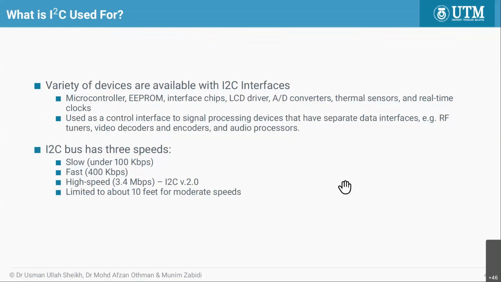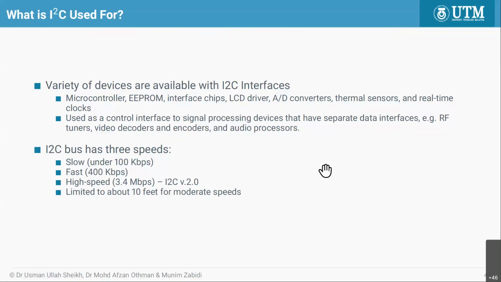And you can find this all over the place lah. Because originally the intention was in EVs. Okay, so I2C has 3 speeds: slow, fast, and high speed. High speed means 3.4 megabit, which is still slow lah.